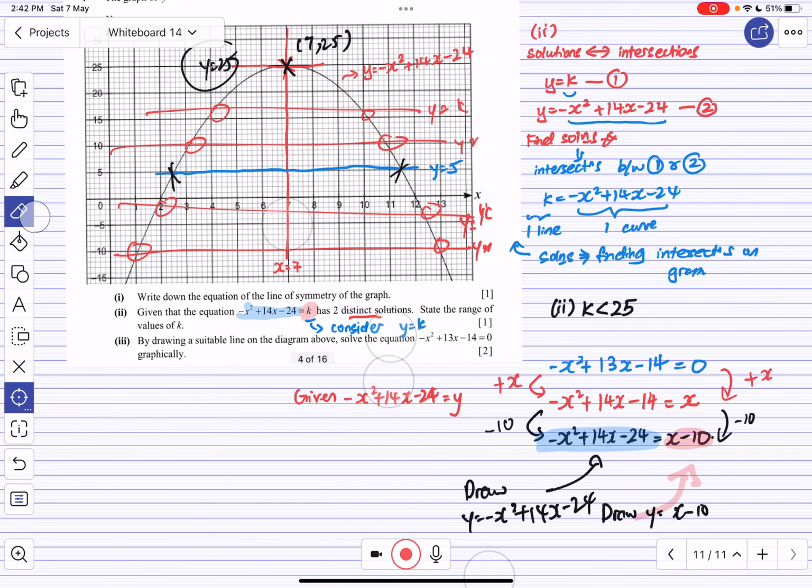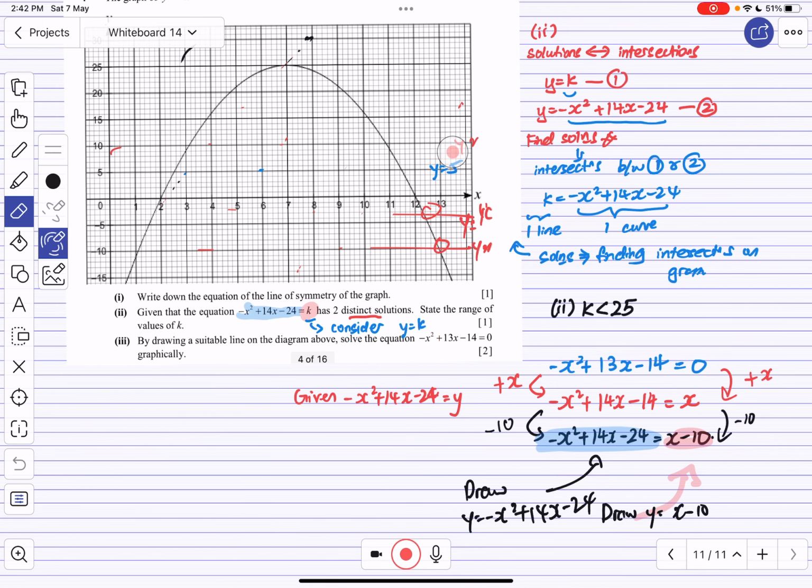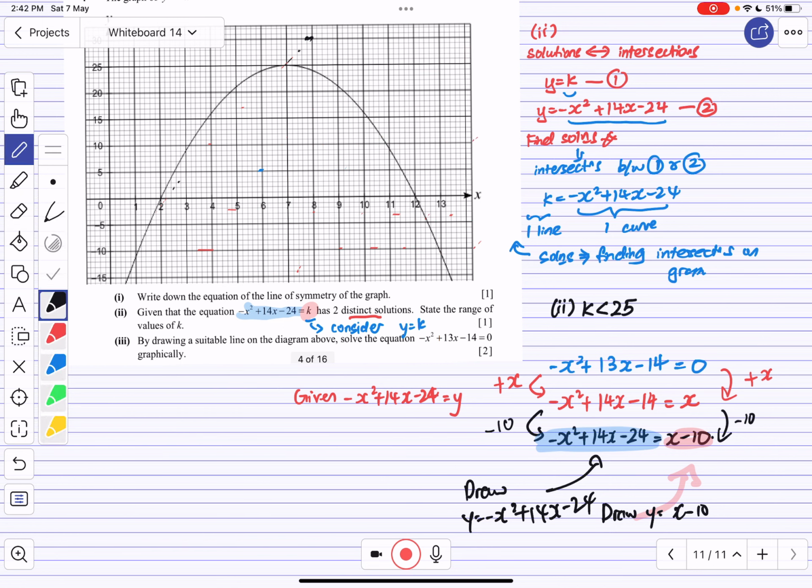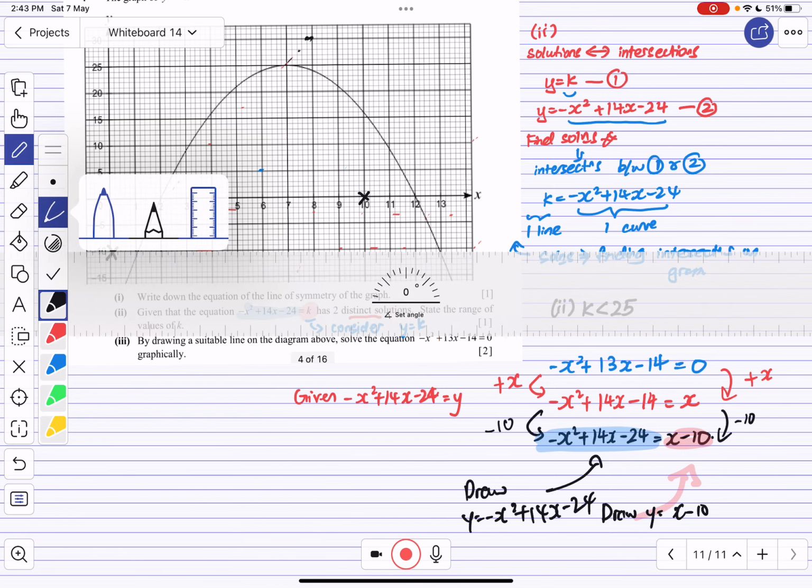I will draw y equals to x minus 10. Let me just tidy up my curve a bit. So y equals x minus 10 is not difficult. This minus 10 is here. When y is 0, x will be equals to 10. Let me just draw my line here.